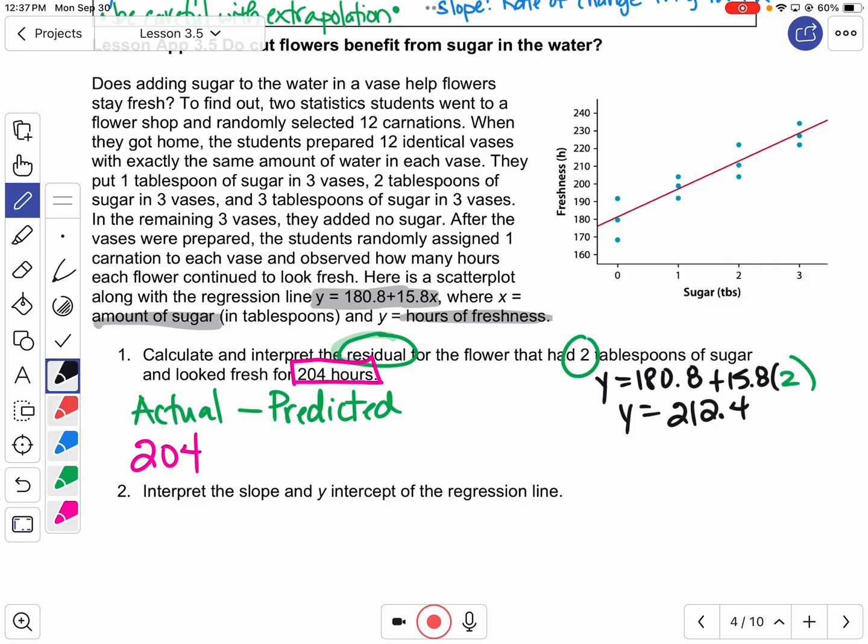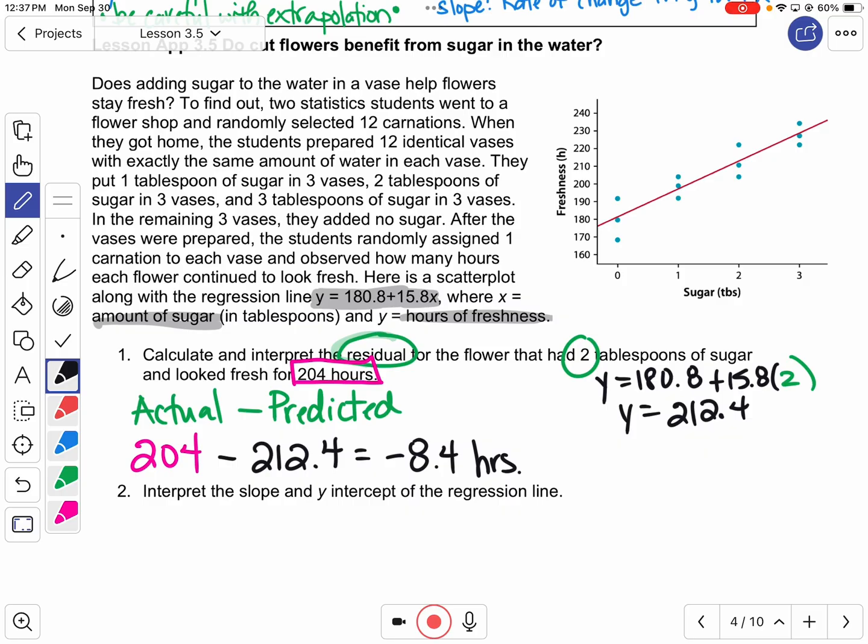That is my predicted value. So now I'm going to do 204 minus 212.4, and that's going to give me negative 8.4. Now it wants me to interpret it.